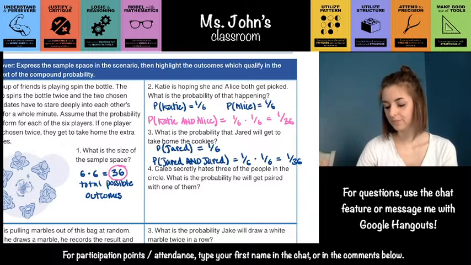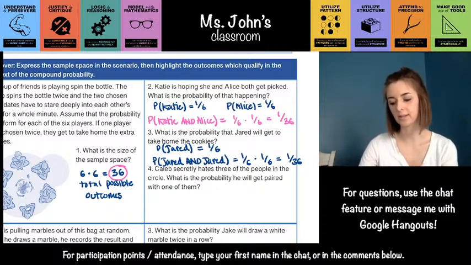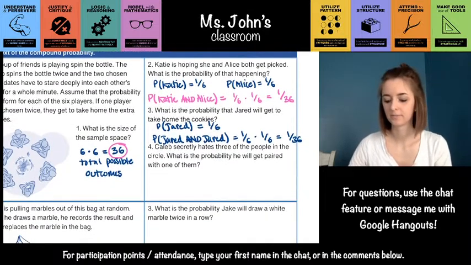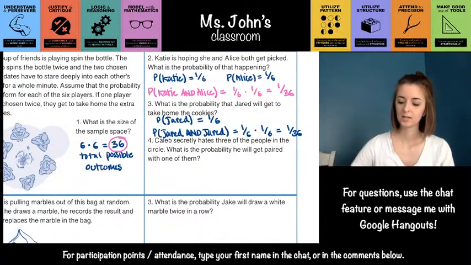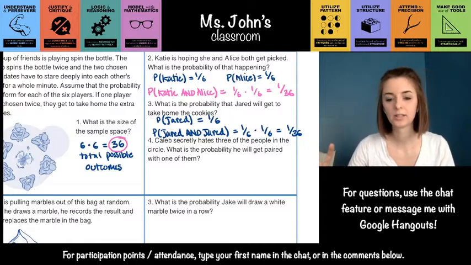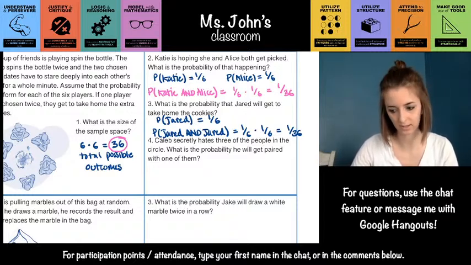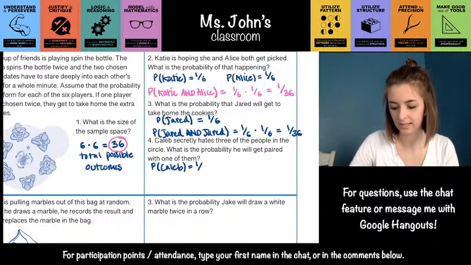Let's try number 4. Caleb secretly hates 3 of the people in the circle. What is the probability that he will get paired with one of them? So Caleb does not like some people in his friend group, apparently. And so we need to figure out, first of all, what the probability of Caleb getting chosen is, because he's not going to be put with somebody that he hates unless he's chosen, right? So the probability of Caleb getting chosen is 1 out of 6.